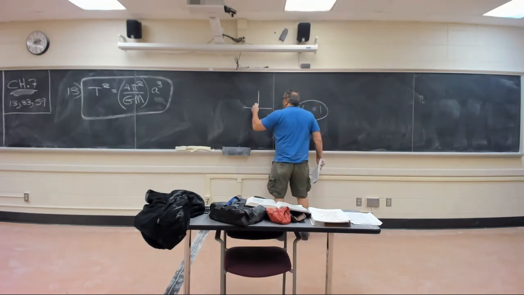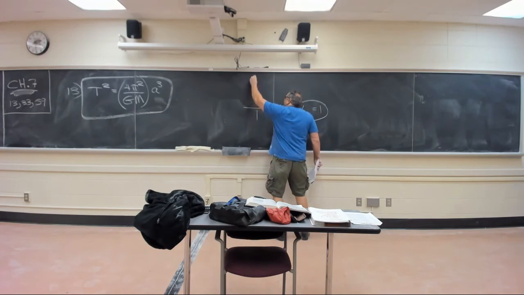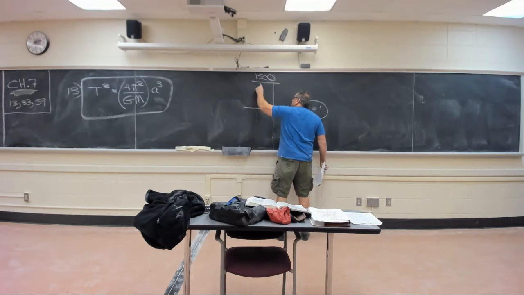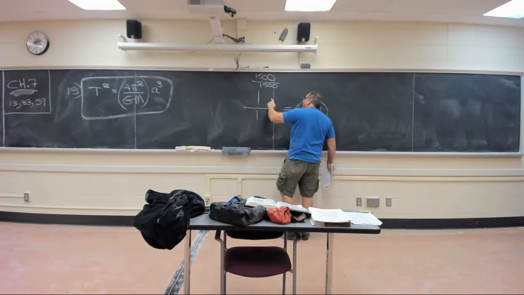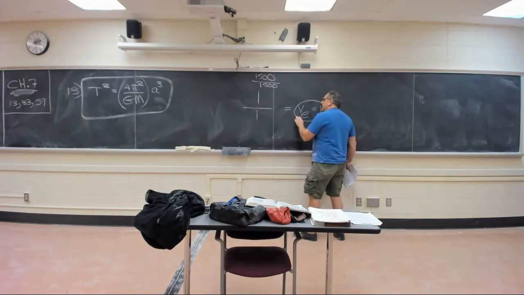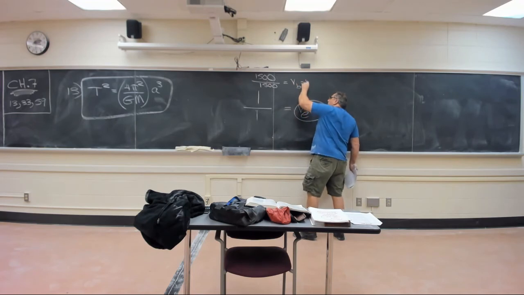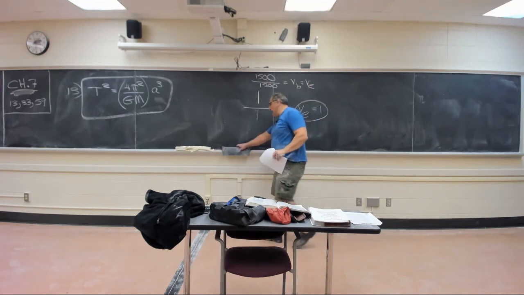What's the speed of the black hole's star? It's going 1,500 times more. It's going 1,500 circumferences that the Earth is doing because the radius is 1,500 times bigger. Well, if it was going 1,500 times years, it'd be 1-to-1, and it'd be the same speed. V black hole would be equal to VE. Sure it would. But that ain't what happened.